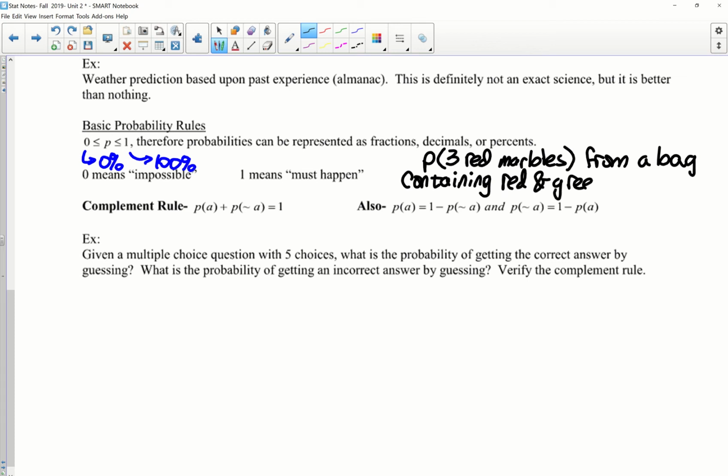And for this example, it really doesn't matter how many of each there are. It turned out you got 3 out of 3.